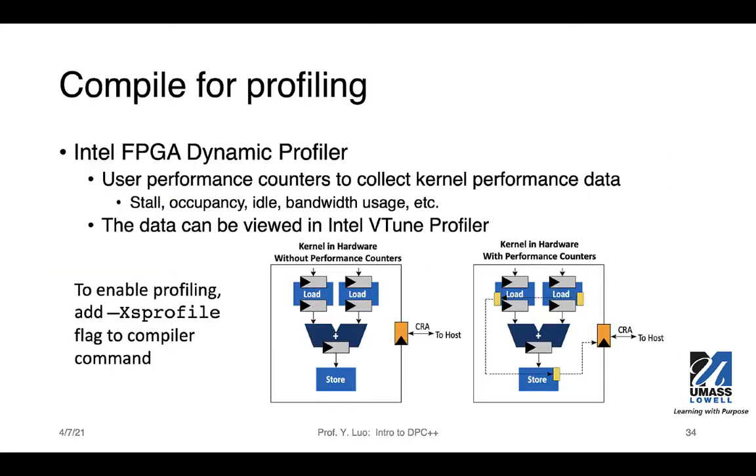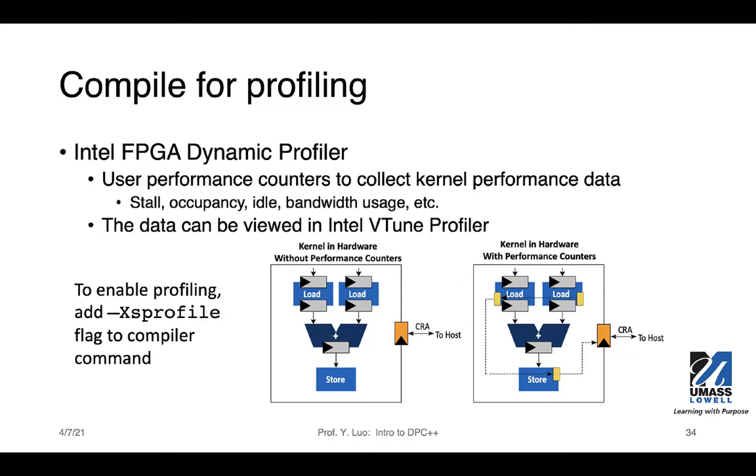So how do we compile the FPGA binary for profiling? We'll use Intel FPGA Dynamic Profiler, which uses user-added performance counters to collect kernel performance data. These performance data can be the stall, occupancy, idle, or bandwidth usage.